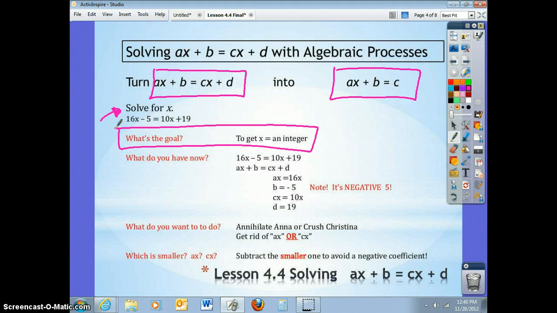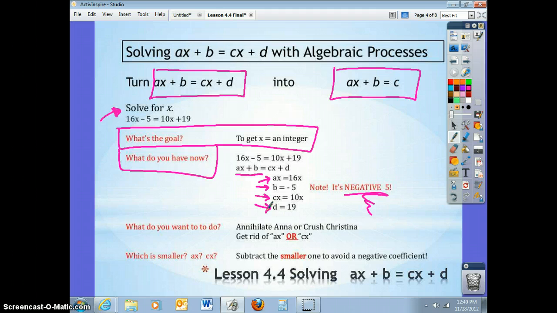If we want x to be an integer, and that's our goal, let's look at what we have right now. We have ax plus b, where ax is 16x and b is negative 5. Cx is 10x and d is 19.